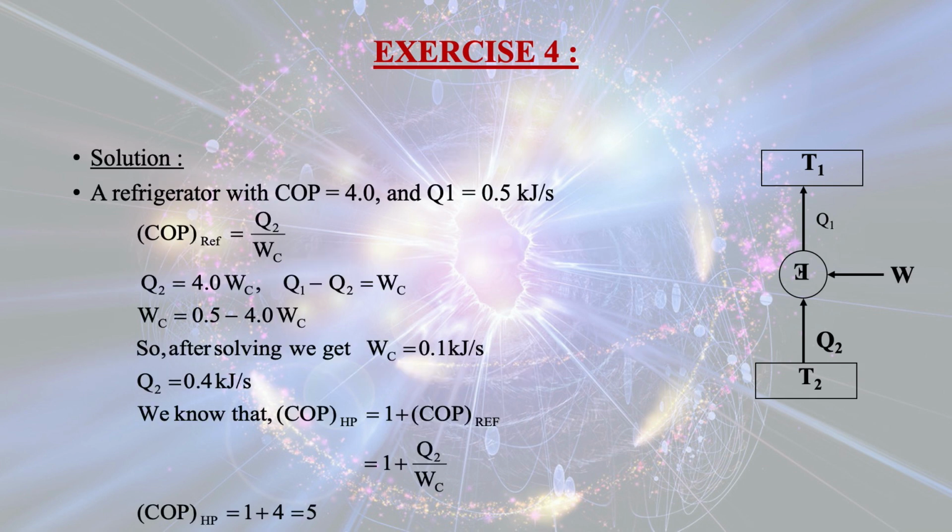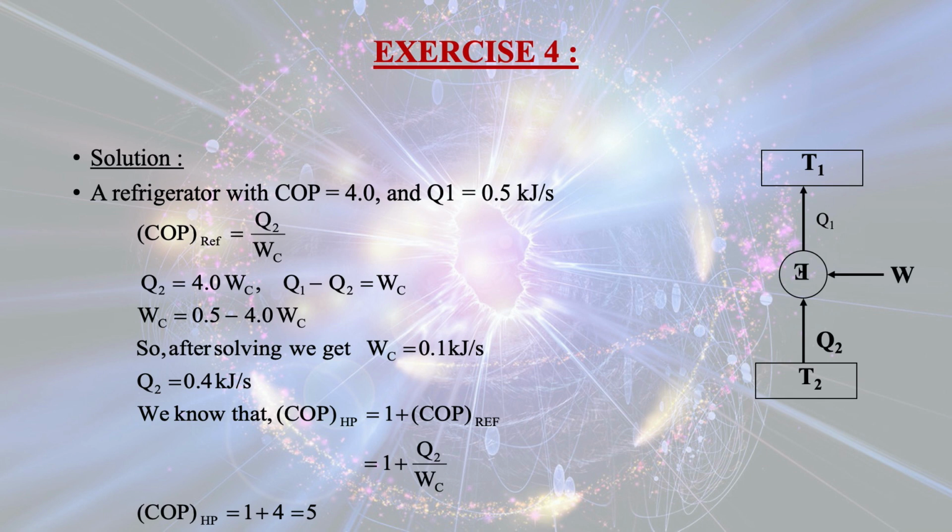Now COP of the refrigerator, you know very well, that is equal to Q2 by WC. So Q2 is equal to 4.0 WC. So here you see Q1 minus Q2 is equal to WC. WC is equal to 0.5 minus 4.0 WC.